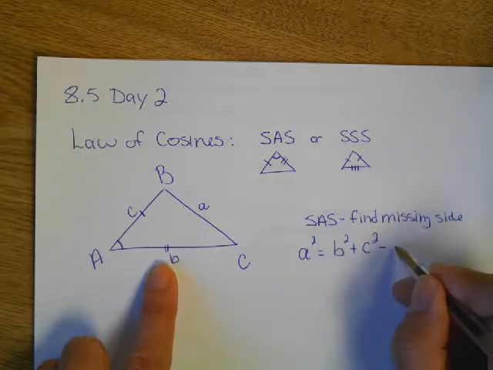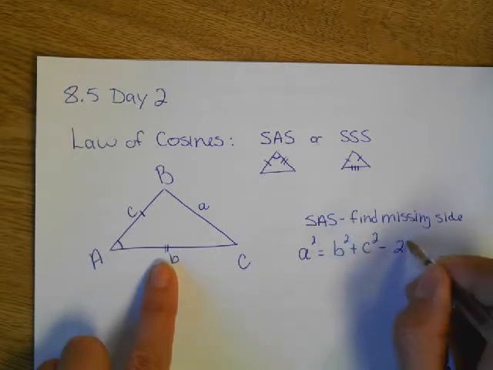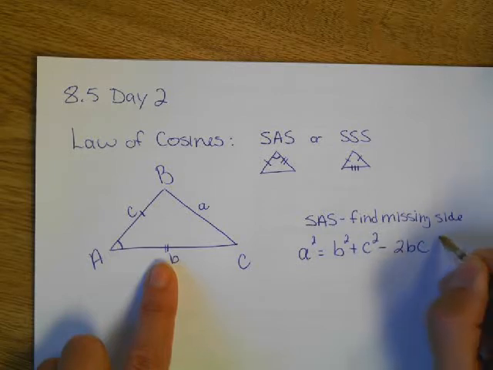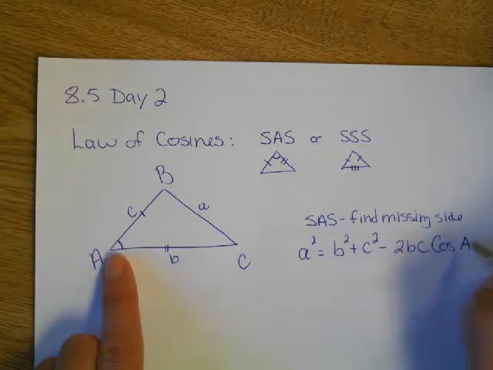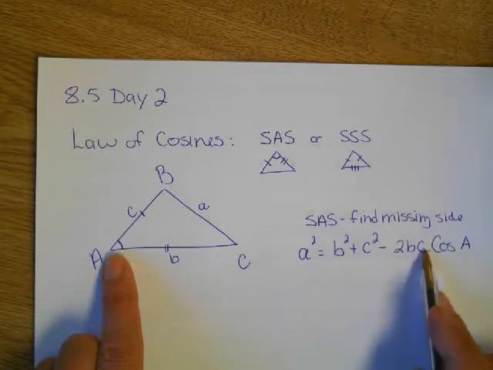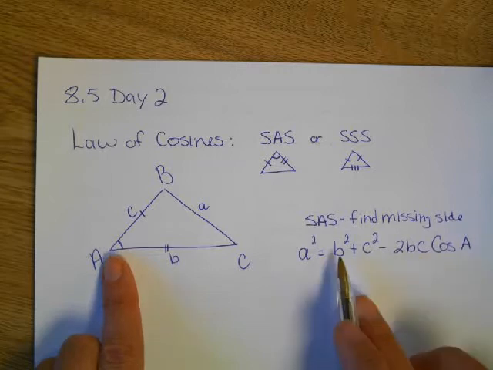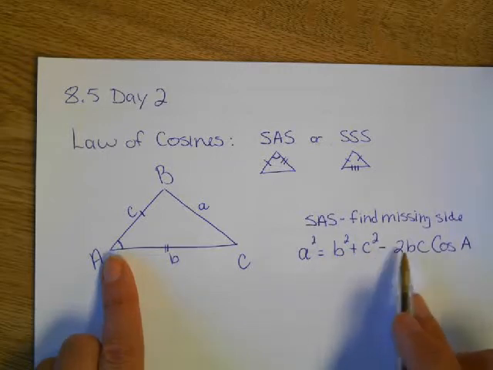What you have to multiply is the number 2, times the b side, times the c side, times the cosine of the known angle A. So that's 2 times b times c times the cosine of A. That's all one big product there as your third part. So side squared plus side squared minus this big chunk.